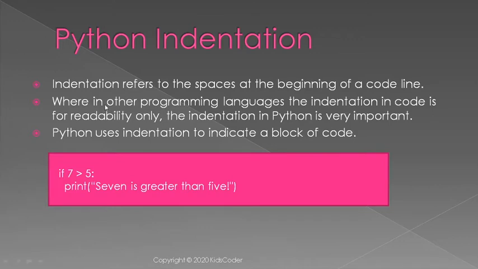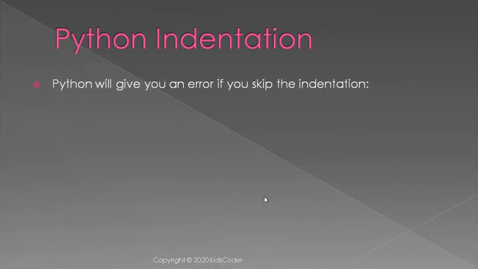So this is the correct example to use a block of code. If 7 is greater than 5, colon, 2 spaces, then print 7 is greater than 5. So let's see what errors we will get.